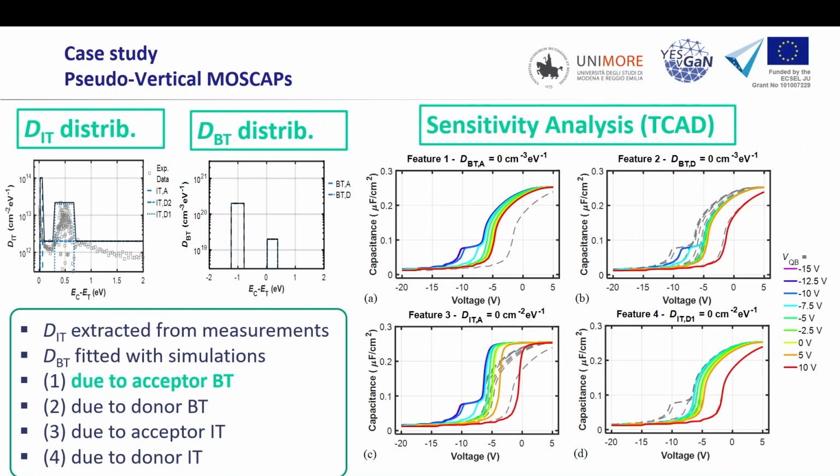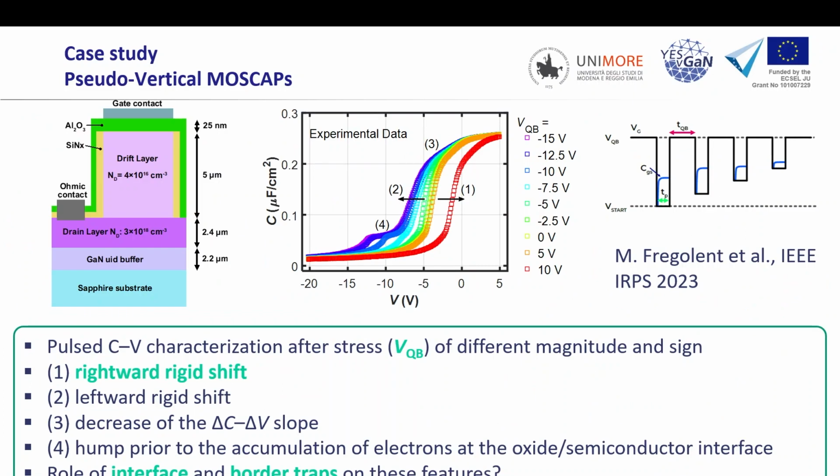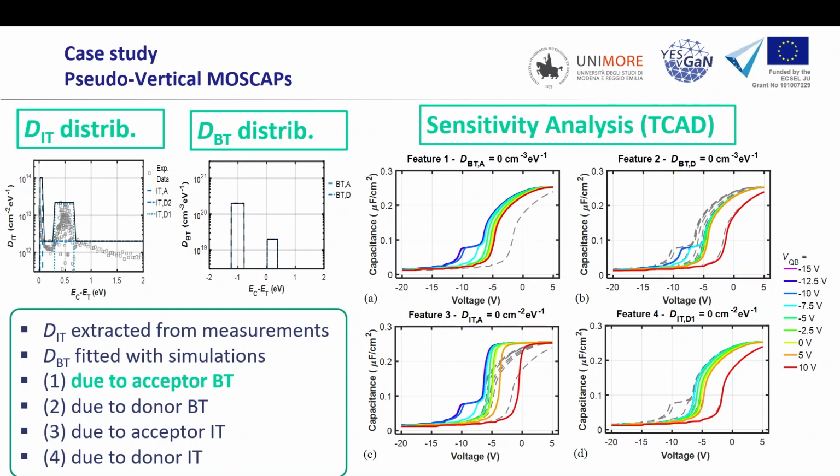Our approach was to start from the ET distribution that was extracted experimentally by comparing the different slopes of the CV curves after different quiescent bias. We could basically reproduce all of the features that they measured on the samples, and we also did this kind of analysis to separate the effects.